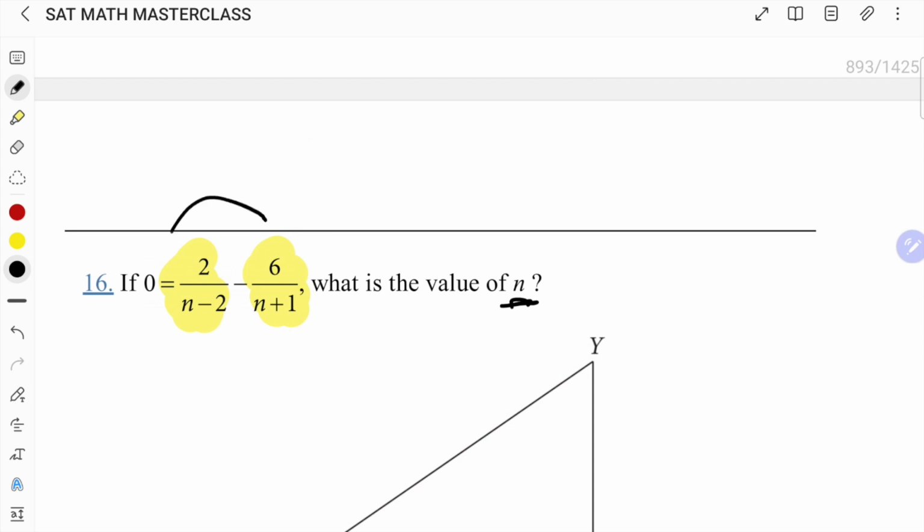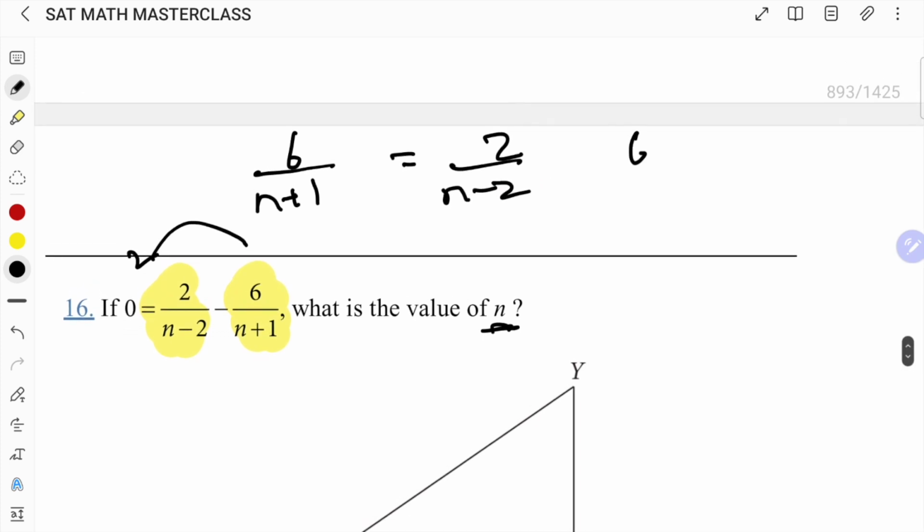So we take 6 on the other side, so we get 6(n plus 1) equals 2(n minus 2). You cross multiply, you get 6n plus 6 equals 2n minus 4.